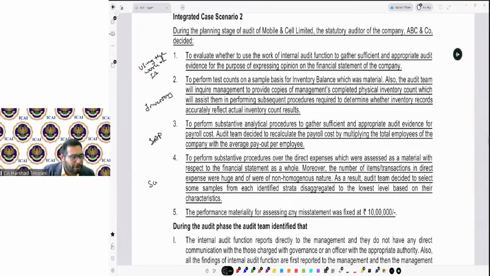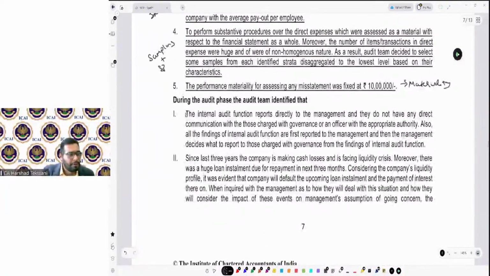So sampling plus substantive procedures. Then last, the materiality. I'm just writing down one word about the particular paragraph, whatever it is related to.